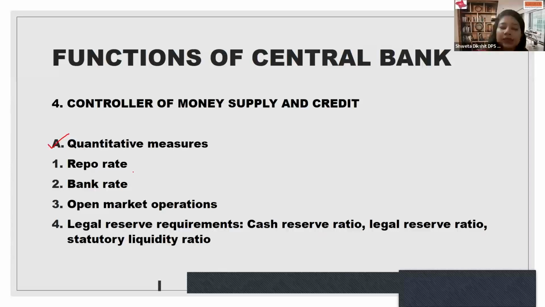When they are increased, the commercial banks are left with the least funds, or their fund availability is reduced. And when their fund availability is reduced, they are not able to forward the money to the market or the consumers. So this is how the liquidity in the market is absorbed. I repeat, the liquidity in the market is absorbed.